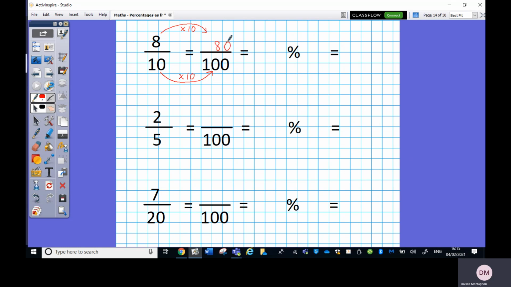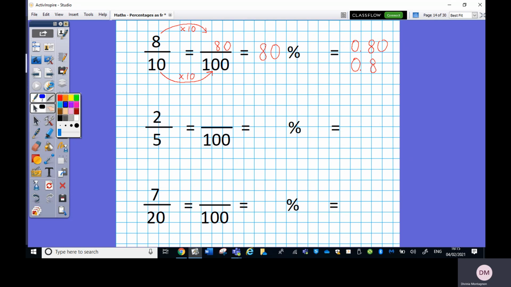Excellent. I have 80 hundredths, therefore as a percentage that is 80%. Great, and as a decimal, 0.80 or 0.8. Good.